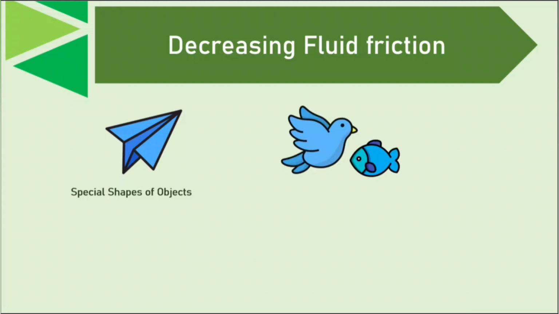This special shape comes as an inspiration from nature. Scientists designed these shapes by observing natural examples of creatures that every day have to travel or move through fluids, like birds or fishes, who have evolved to reduce friction in fluids.